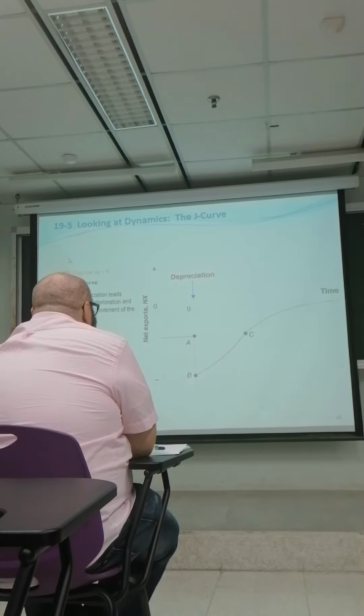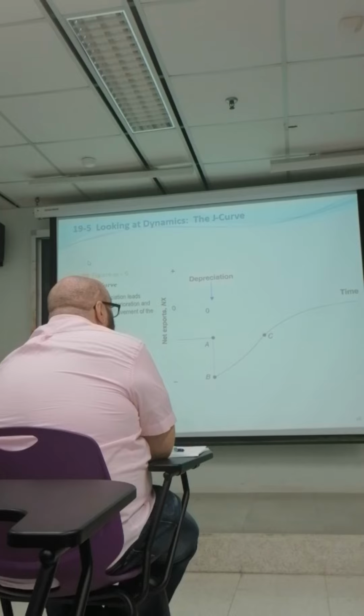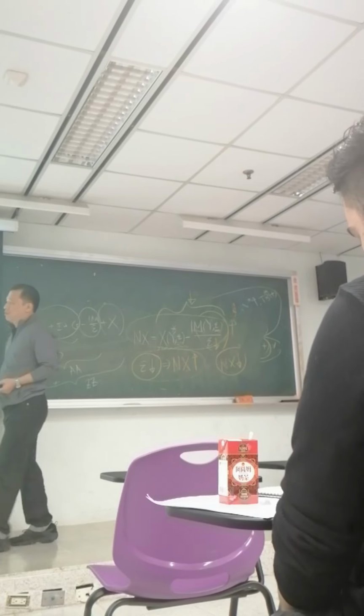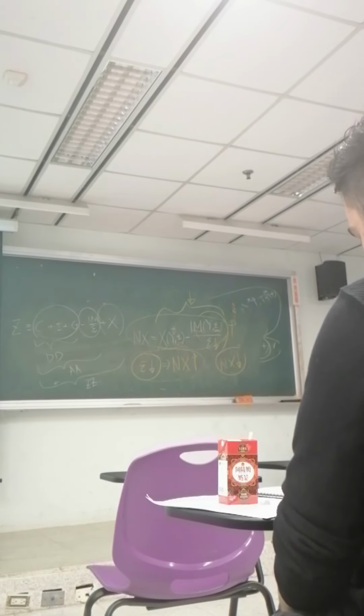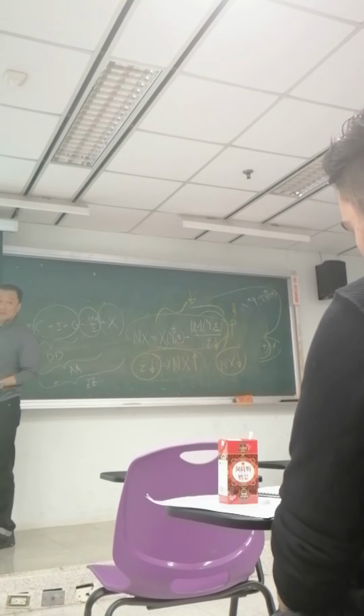That is this relation. It takes a long time for this to happen, but in the beginning it will fall. So the trend for net exports right after a depreciation looks like this, and this is called the J curve.